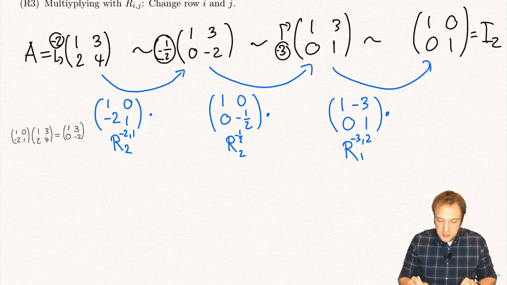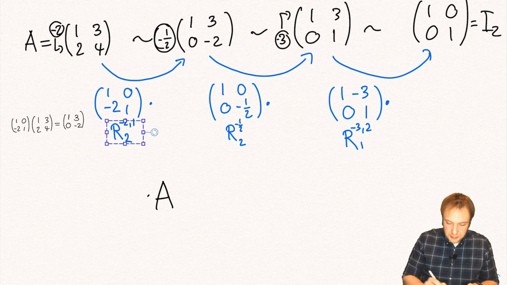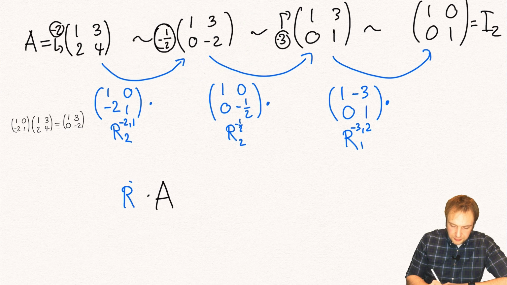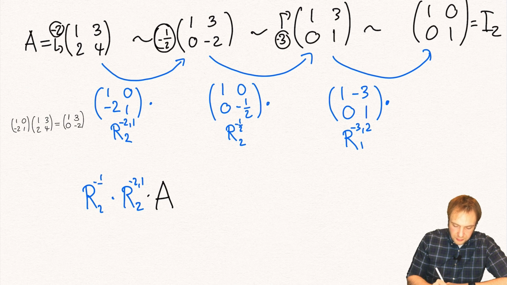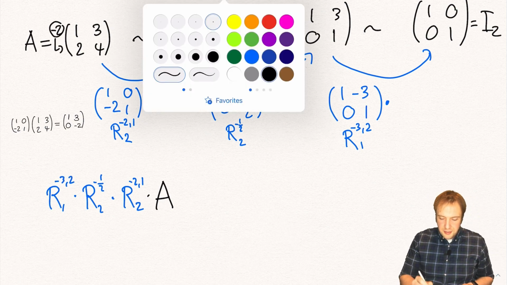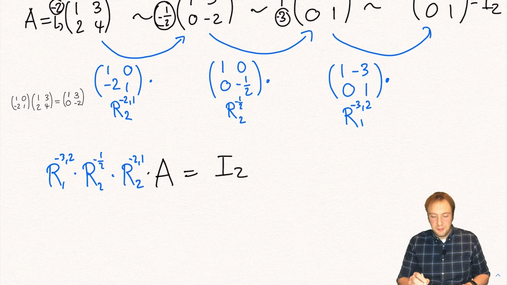But so what we see now is, if I start with the matrix A, then I can multiply. First I multiply with this elementary matrix, then I multiply with this one, and then with this one, and in the end I have the identity matrix.